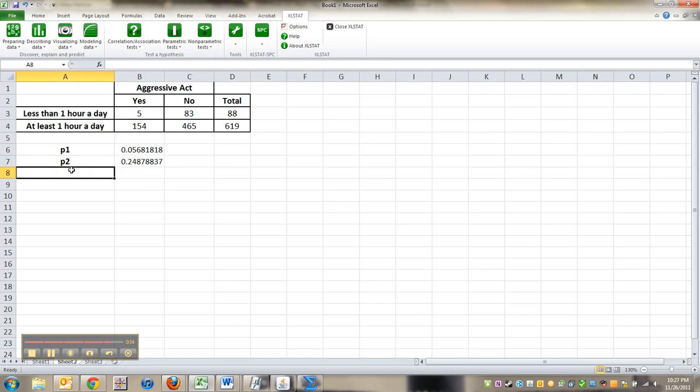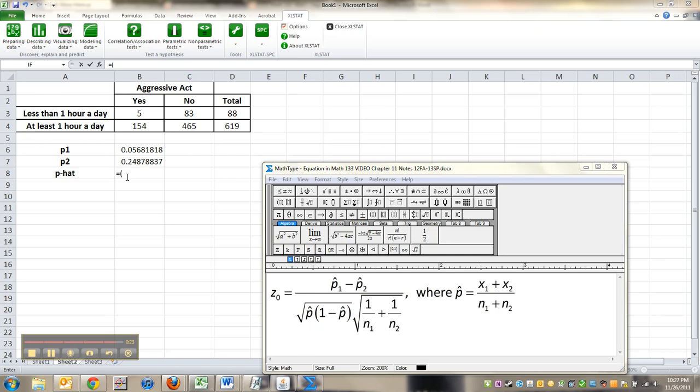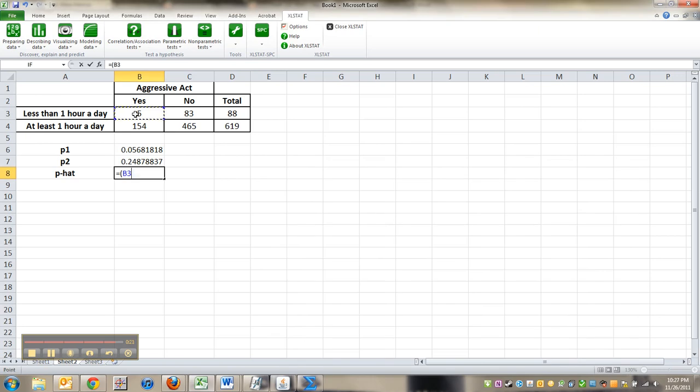And then we need P hat, which is equal to X1, close parentheses. Oops, there it is. X1 plus X2. So this cell plus this cell, close parentheses, divided by parentheses, this cell plus this cell. There we go. Now I've got P hat. All right, we'll have to pick up back here for the next bit to find that test statistic.